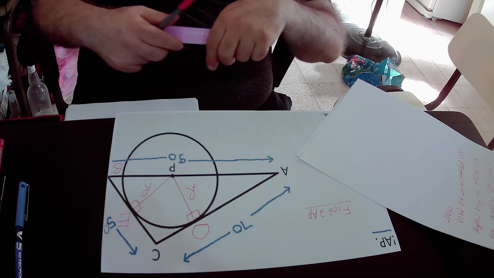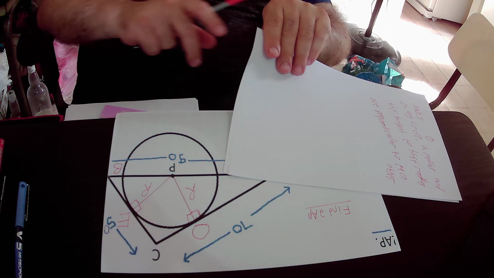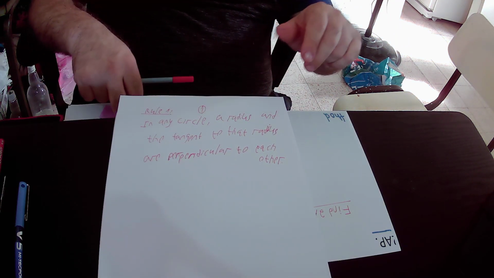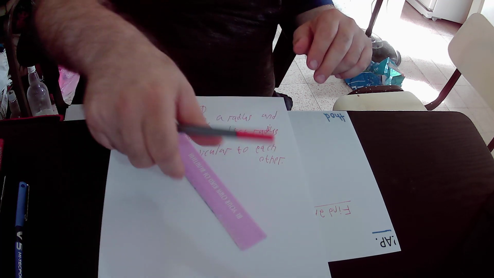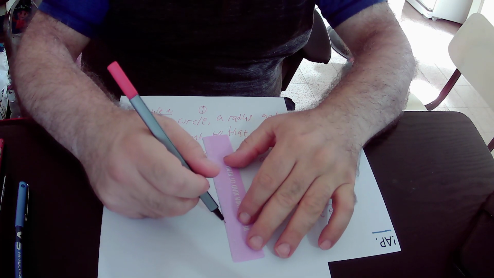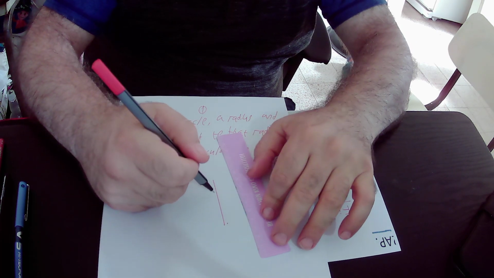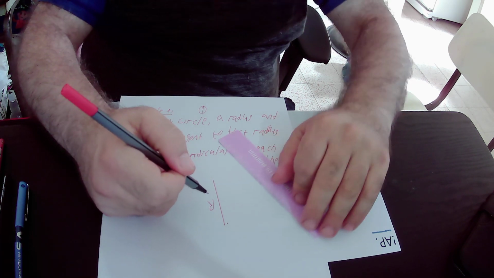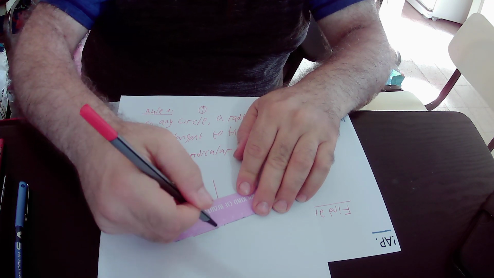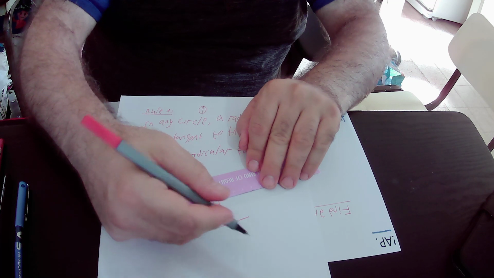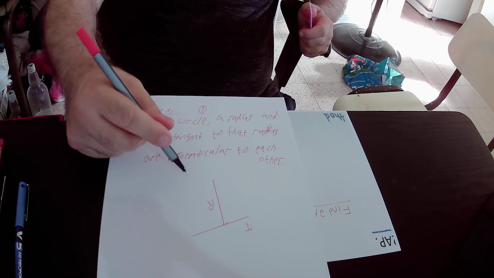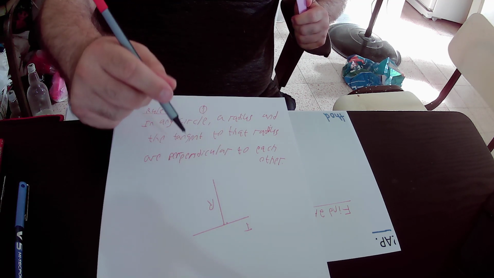Okay, so in any circle, a radius, let's say this is a radius, we call it R, and the tangent to that radius, this will be the tangent, let's call it T. So the radius and the tangent to that radius are perpendicular to each other.